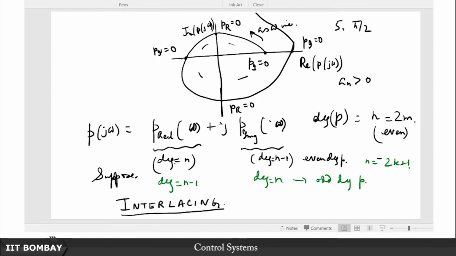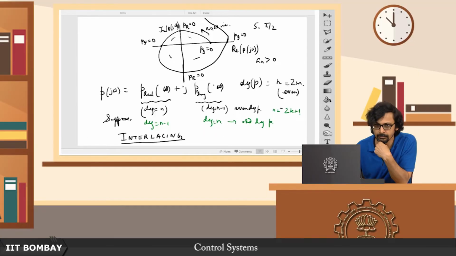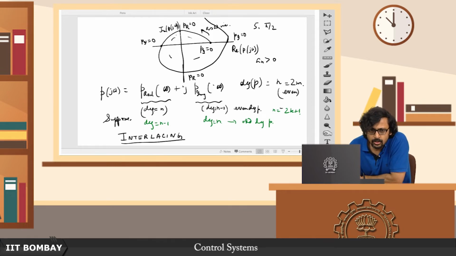Okay. So if I have to have n such quadrants traversed, then I must cross the real axis and the imaginary axis a certain number of times. How many times exactly? You see the sum total, what is this? 1, 2, 3, 4, 5. So if it's a fifth degree polynomial, the sum total of the imaginary and the real axis crossings is equal to the degree.